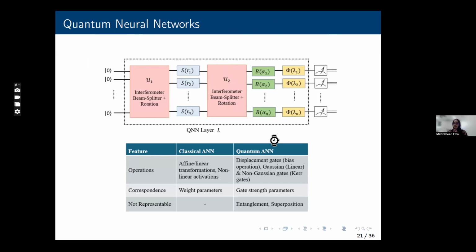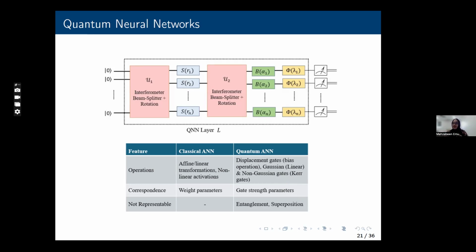I will try to highlight the differences between classical neural networks and quantum neural networks in this slide. What is the key part of a classical neural network? We have some linear transformations and some nonlinear activation functions, right? In quantum neural networks, we reflect those using displacement gates, some Gaussian and non-Gaussian gates, and the networks have some weights that we need to adjust for learning.